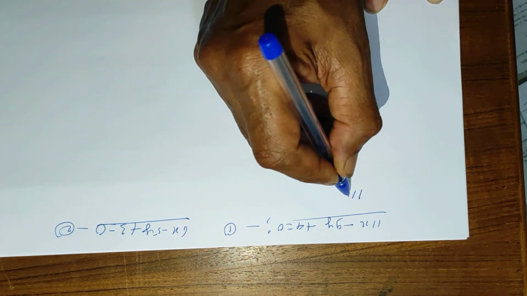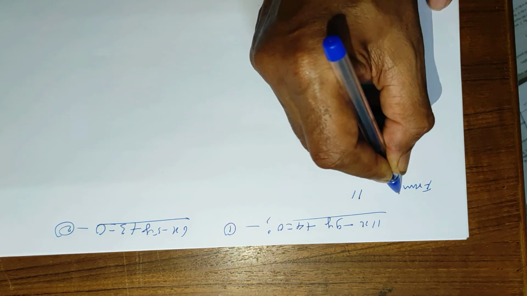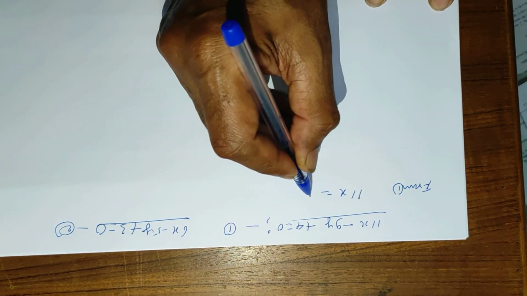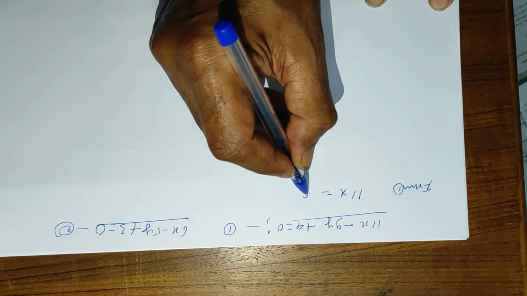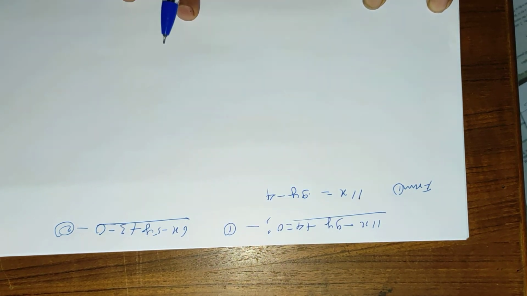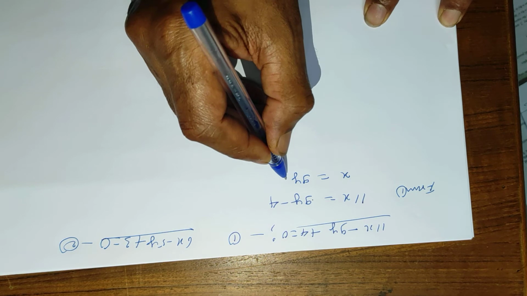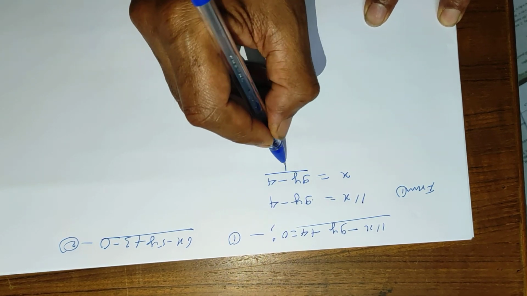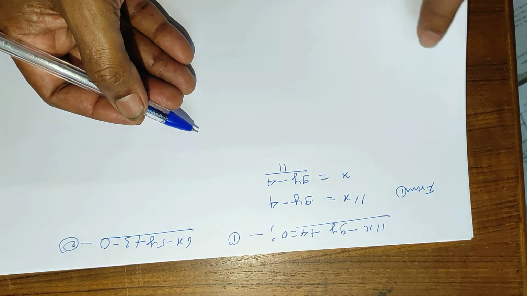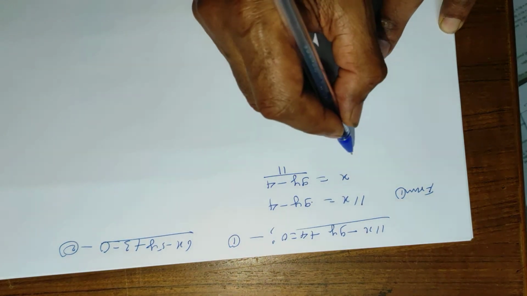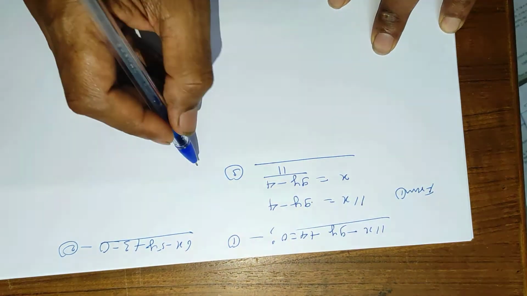So 11x from 1. 11x is equal to 9y minus 4. So x equals 9y minus 4 by 11. I call this one as 3.